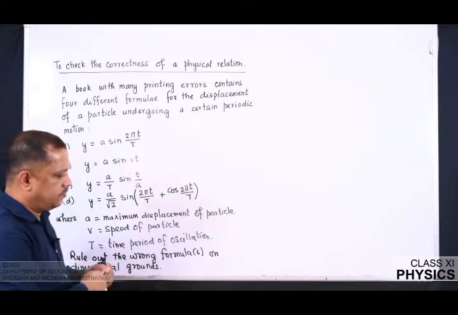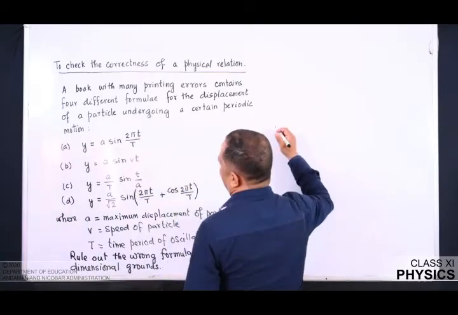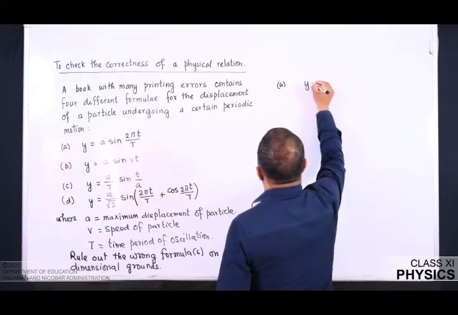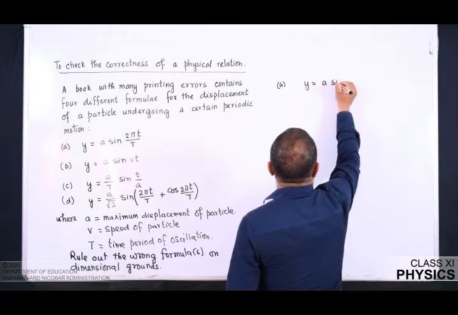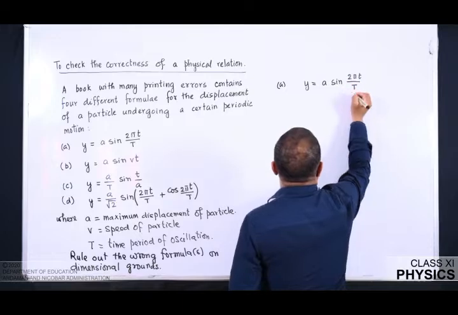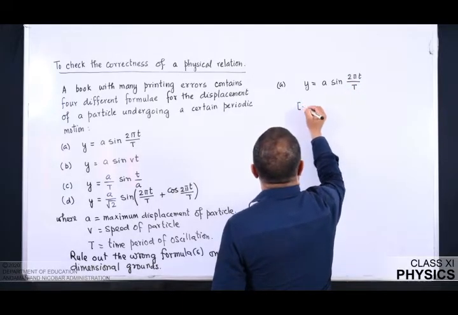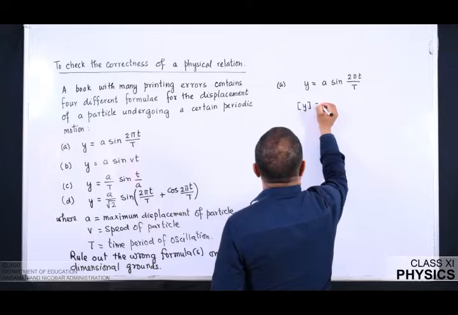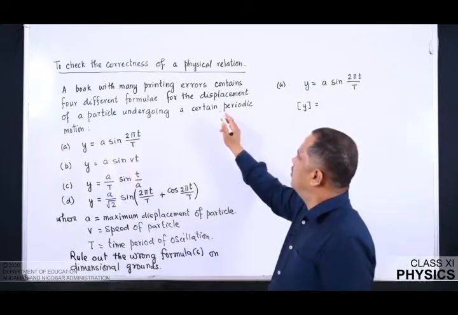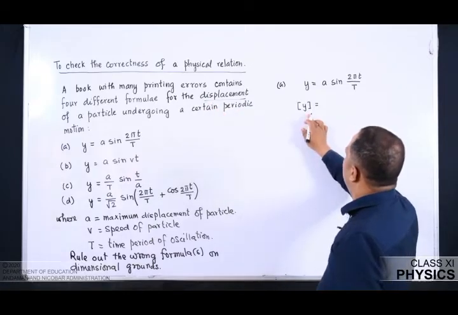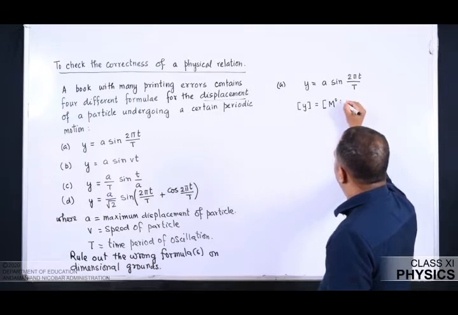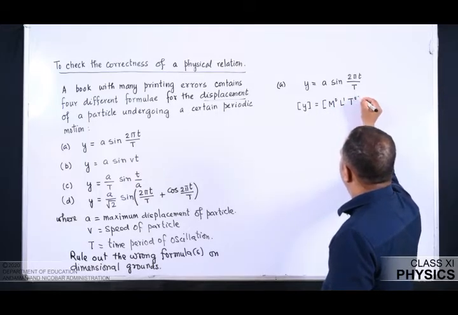Let us try to check the first one whether it is correct or not. The first physical relation is y is equal to a sine 2 pi t over T. Now the dimension of the physical quantity on the left side: this represents displacement, so it has only displacement, M power 0 L power 1 T power 0.